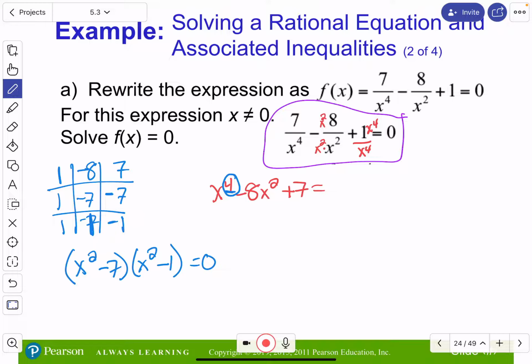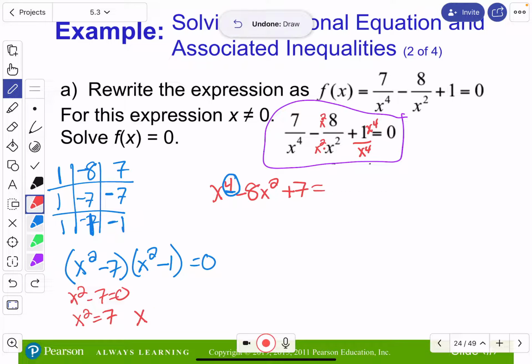And we want to solve these, so we make them both equal to 0. Bring the 7 over. We get x squared equals 7. Take the square root. We have x equals plus or minus root 7.